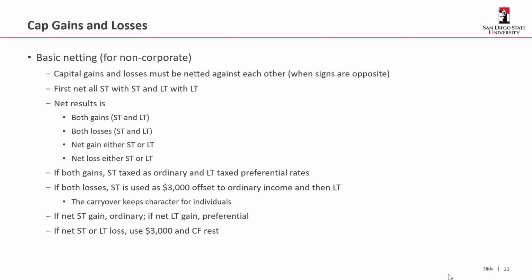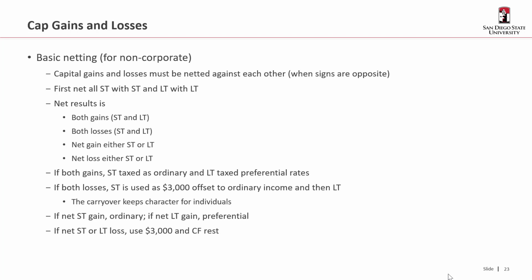So first you would bucket everything into the short term and bucket everything into the long term, and net all short-term gains and losses against all other short-term gains and losses, and then the same thing with long-term. And then you can end up with having both be gains, both be losses, a net gain short-term or long-term, or a net loss short-term or long-term.